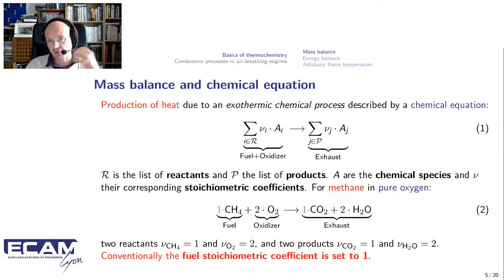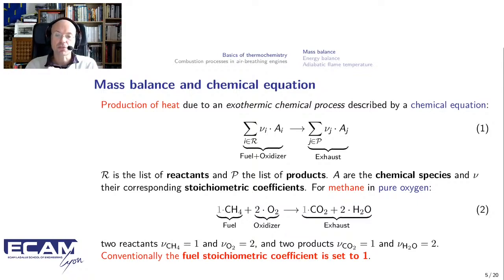So by definition, the stoichiometric coefficient of fuel in combustion engineering is always equal to 1. It's unity, always. And all the other stoichiometric coefficients are calculated considering that the one of the fuel is equal to 1. So in the case of methane, the one of oxygen is 2, the one of carbon dioxide is 1, and the one of water is 2.